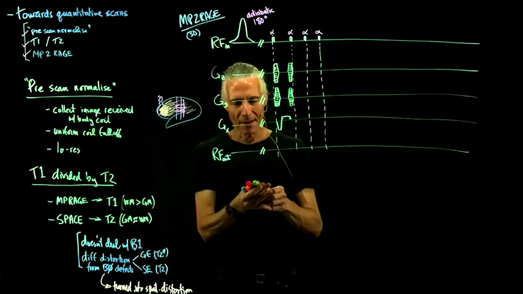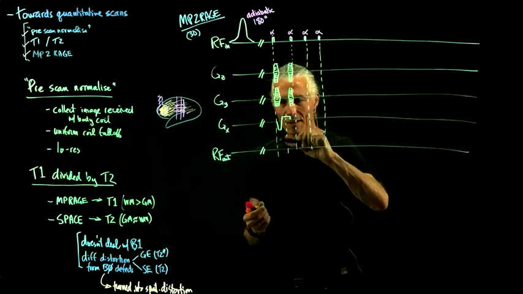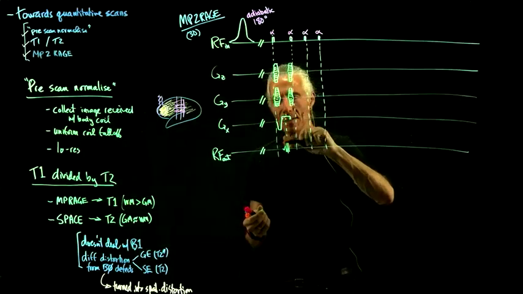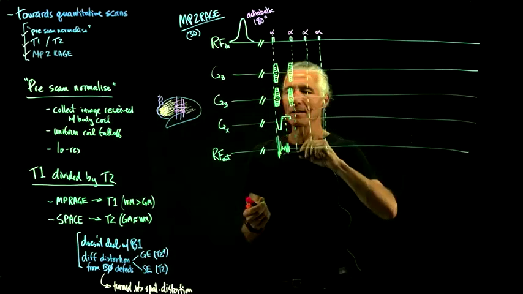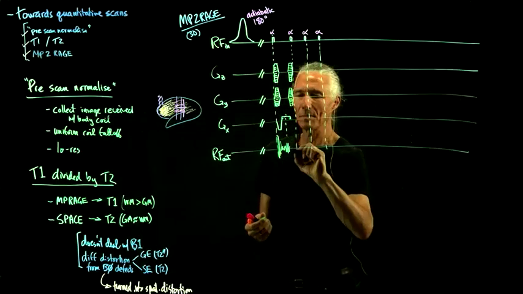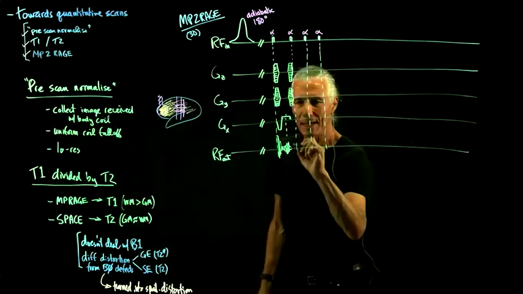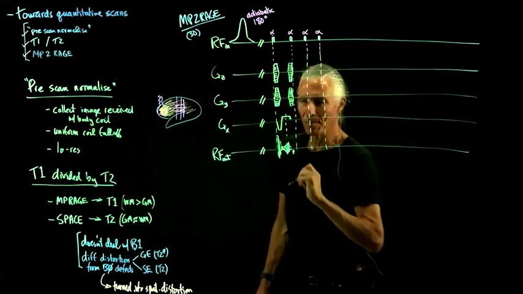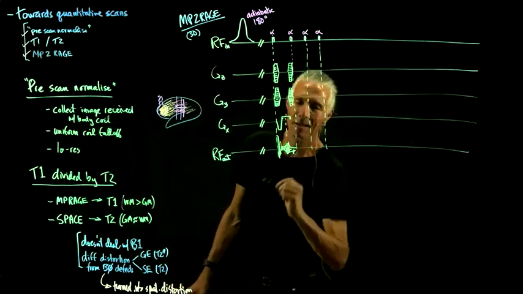And so what is that? That would be like, at this point right here, there's going to be an echo. So there'll be an FID from the alpha pulse, but then here's the echo that you're recording. But at this point in time, there's still some transverse magnetization left, like that.